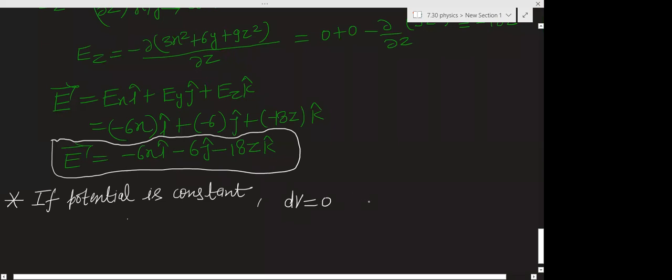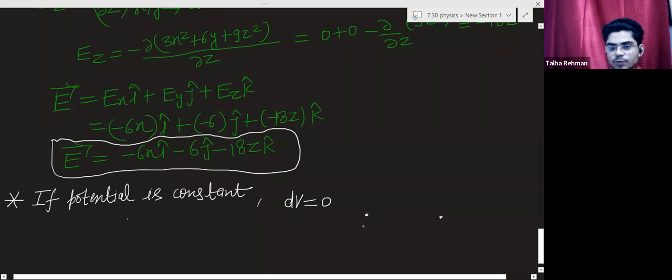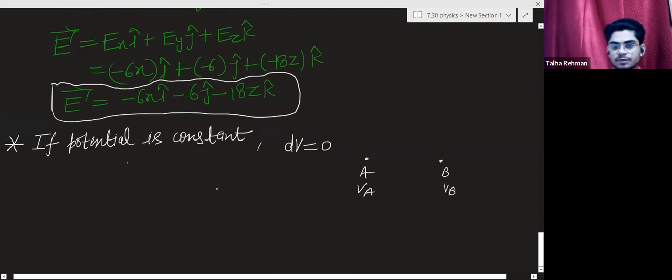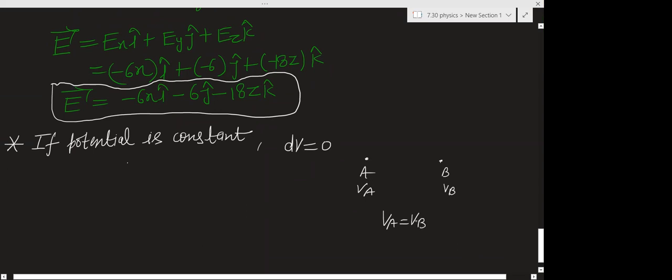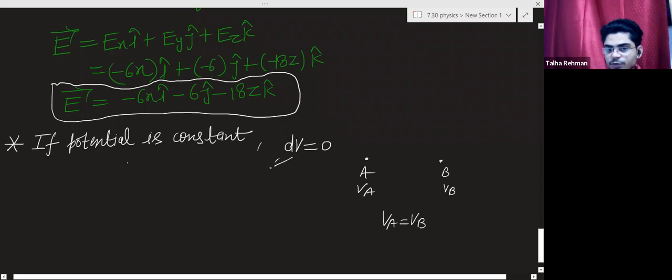There are 2 points, A point and B point, and potential at A and potential at B. So dV equal to 0 means change in potential is 0. When we are moving from here to here, the potential remains the same. So VA equal to VB. That's why I am writing dV is equal to 0. dV is change in potential.